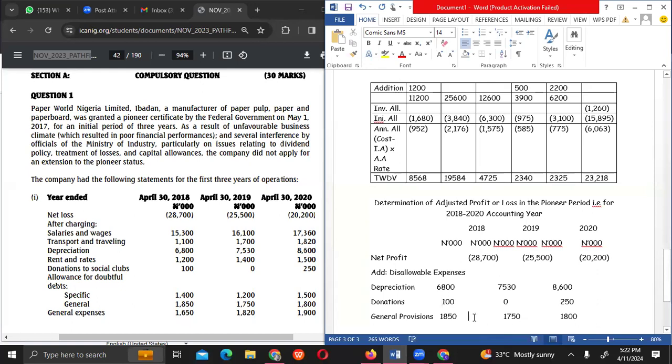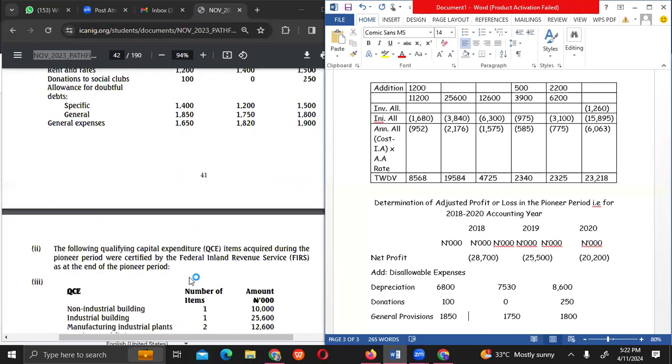So total, what's the total of the three? 2018 is 19,950. So 2019 is how much? 16,220. You mean 68 plus 800 plus 1,850? No, that figure is too much.